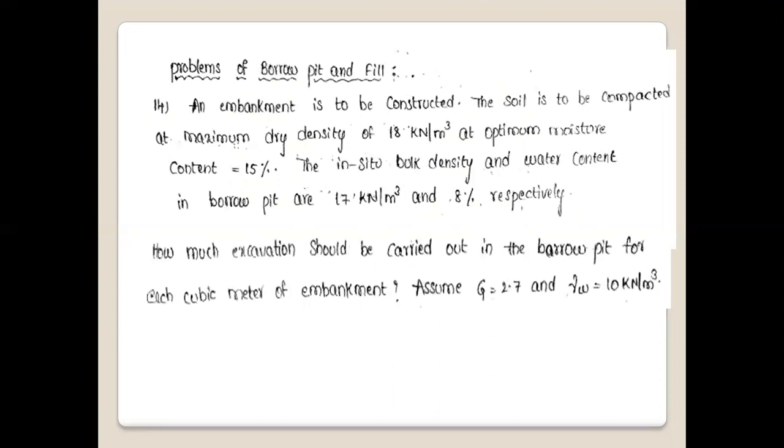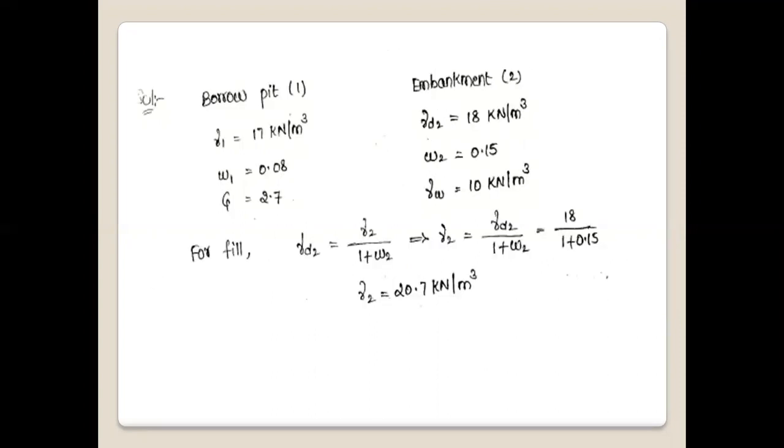It is the bulk density. Next, water content is 0.08 and specific gravity is 2.7. And next one, embankment.